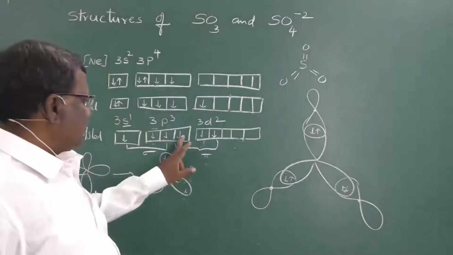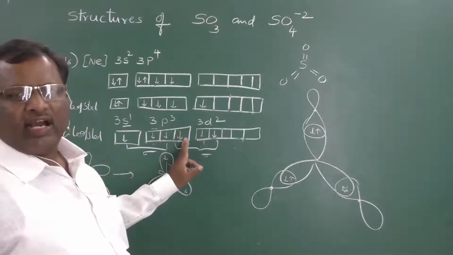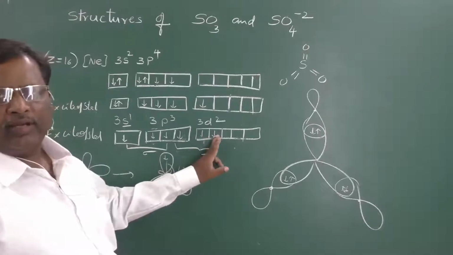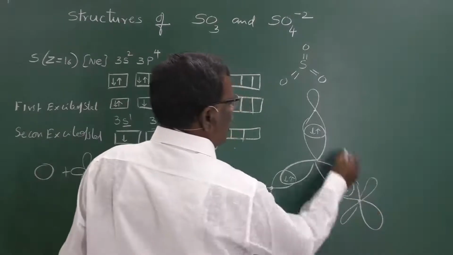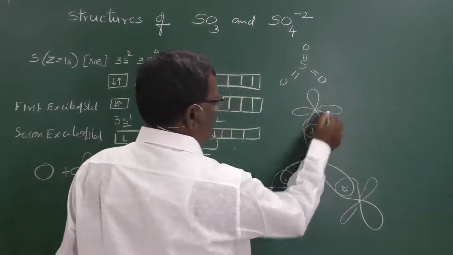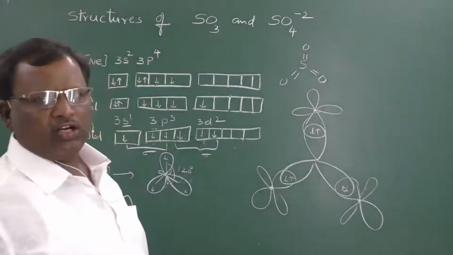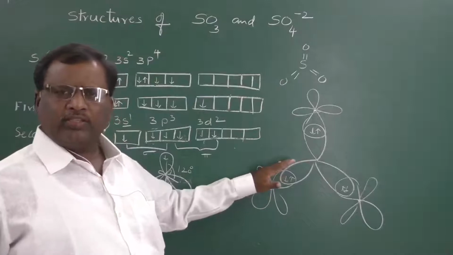Now here in the sulfur atom we have three other orbitals. One is a half-filled p orbital and the other two are half-filled d orbitals. Now on each oxygen we have one half-filled p orbital. So these half-filled p orbitals of oxygen will form pi bonds with sulfur.